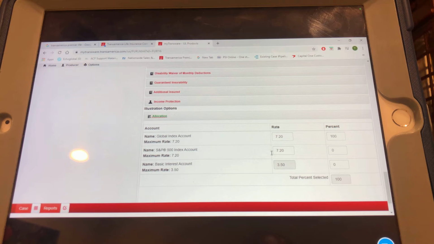I'm just doing 100% there because it already has this one in here. If you want, you can do 50-50. You can do 70, 20, 10. If you want to put some in the basic index, just in case the market does 0, like in 2008, they'd still get like 3.5% for being in the basic index. So you can pick and determine what you want to do with that. Everybody got me? Any questions so far?